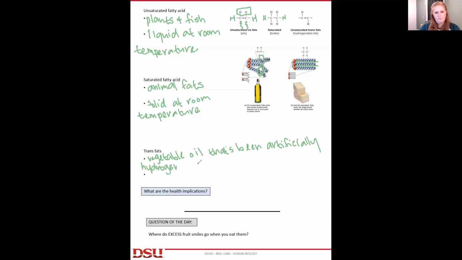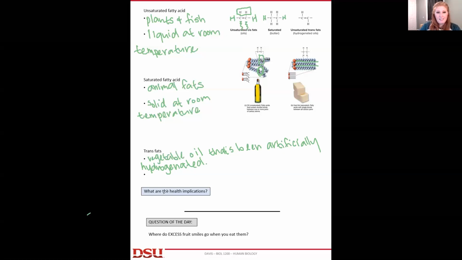Hydrogenated. Basically what that means is you take an unsaturated fat, something that is missing hydrogens, and then through a chemical manufacturing type process, you add hydrogen to it. So you force there to be hydrogens there where there aren't naturally.